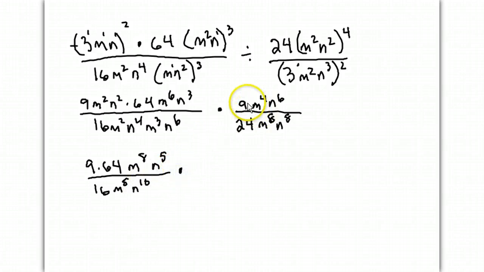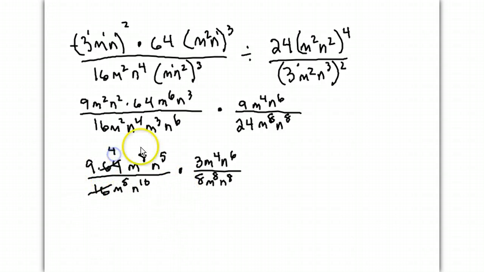So when we look at the other fraction, 9 and 24, they both share 3. If you divide 9 by 3, you get 3, m to the 4, n to the 6. When you divide 24 by 3, you get 8, m to the 8, n to the 8. So there are a lot of things you can do. I know 16 will go into 64 4 times, so that's completely gone.